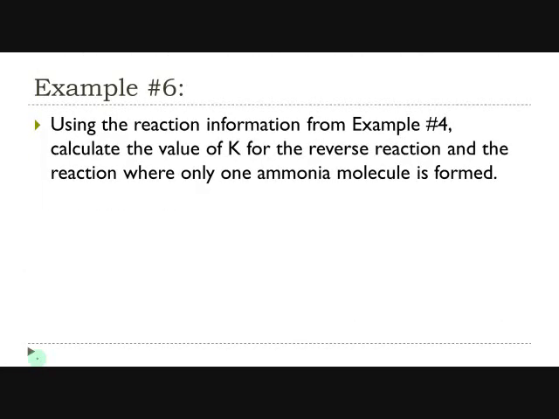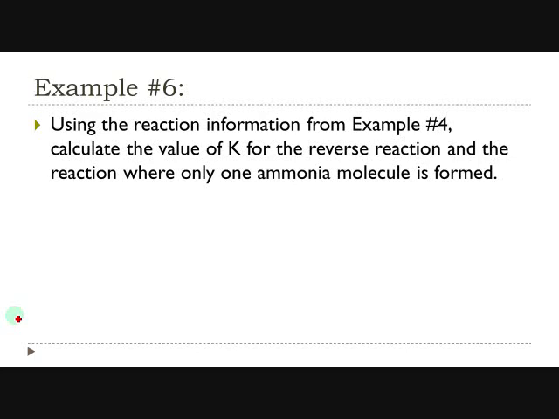So we want to use some information from example 4 to calculate the value of K for the reverse reaction and for when we only form one ammonia molecule. If you look back, example 4 is on page 6 in your note packet.